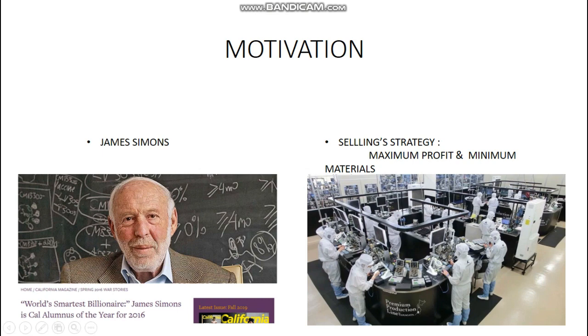He used the application of linear program to determine the selling strategy which contains maximum profit and minimum materials. Amazing.